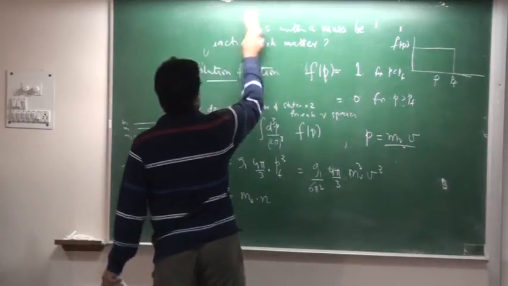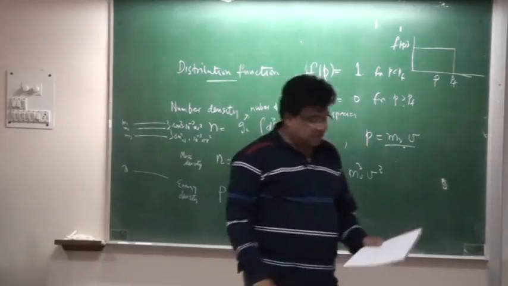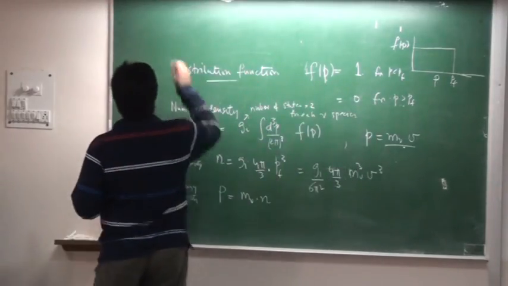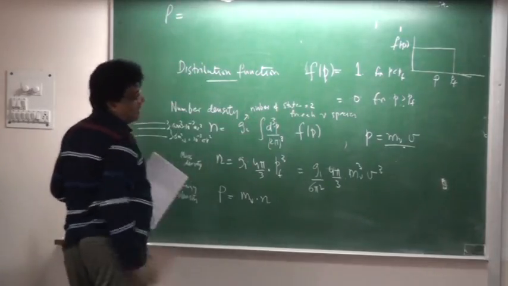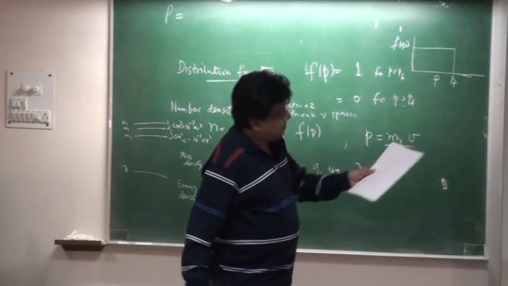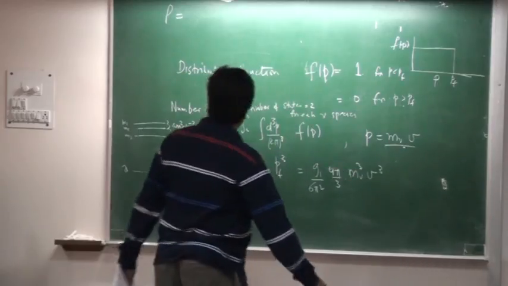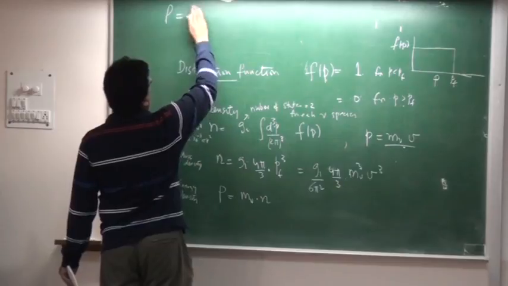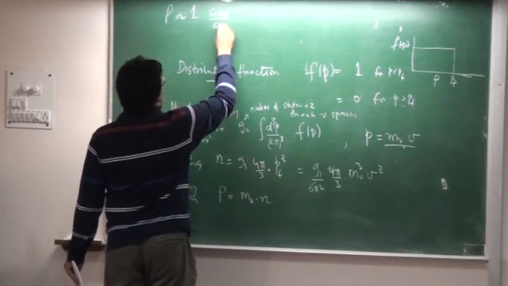Now you take the numbers. Rho is equal to, so you know that your galactic density at the solar system is something like 0.1, or any number which is close, GeV per centimeter cube.